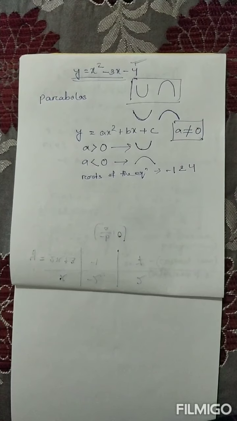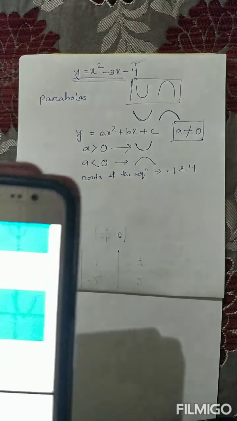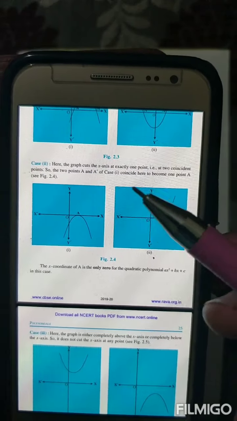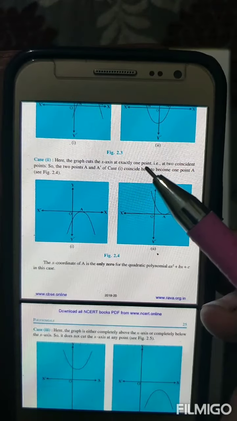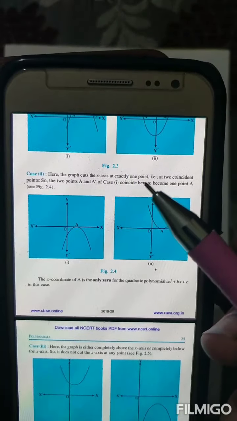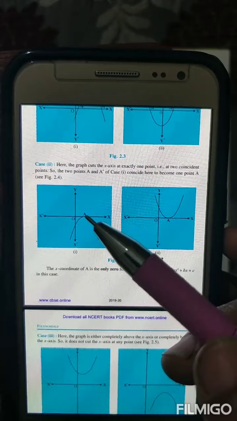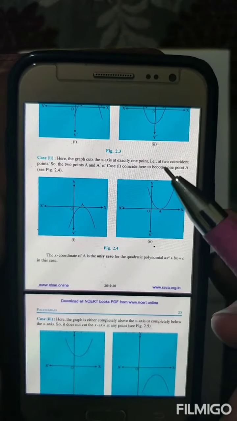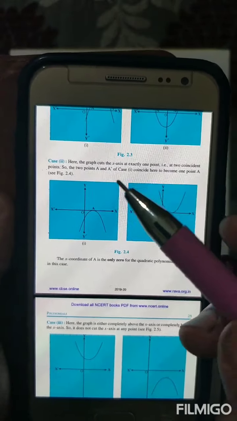Let's come to case number 2. Here the graph cuts x-axis at exactly one point. See, there is a difference. The shape is same, but here the graph intersects x-axis at one distinct point, that is at two coincident points.